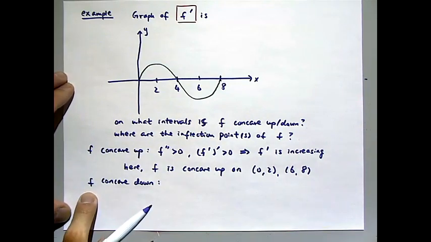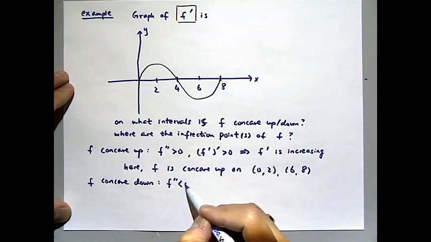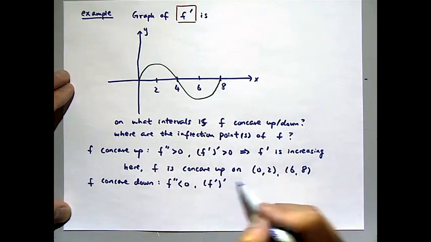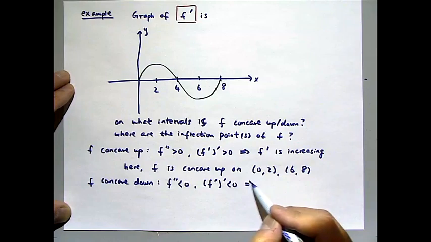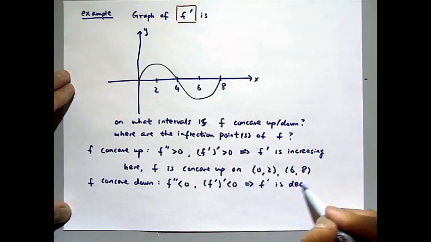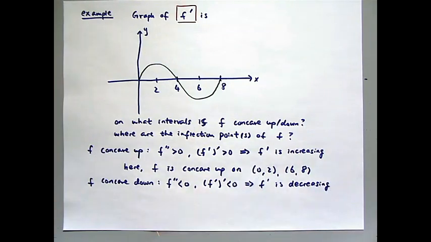The original function f, whose graph we don't have but we don't need, is concave downward if f double prime is less than 0. That means f prime prime is less than 0, and that means f prime is decreasing. Then we stare at the graph of f prime and find out on what intervals it is decreasing.